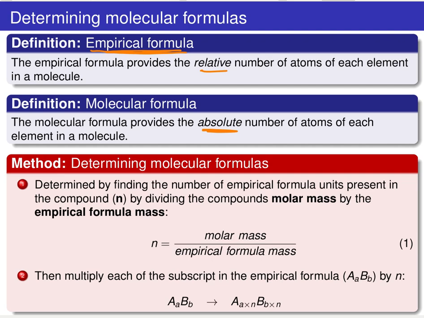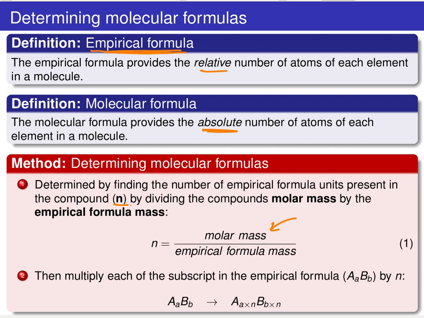So it turns out this isn't too bad of a problem to tackle. And if we think for a second about these basic definitions, we can understand why. The molar mass of a compound, the mass of the entire molecule, is related to the empirical mass by an integer number. We'll call that integer n. Because remember, the empirical formula gives us the lowest whole number ratio of each type of element present in a given compound.